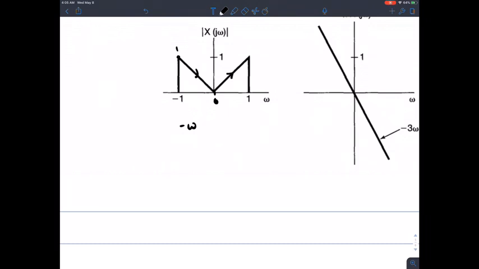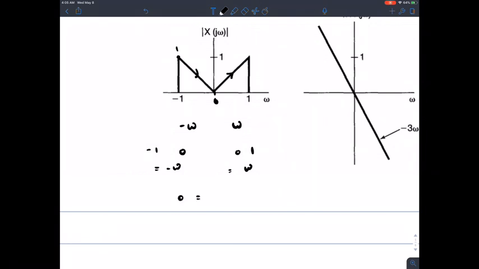And then the slope of this line, rise over run, 1 over 1, is going to be omega, okay? So from negative 1 to 0 equals negative omega. From 0 to 1 equals omega.